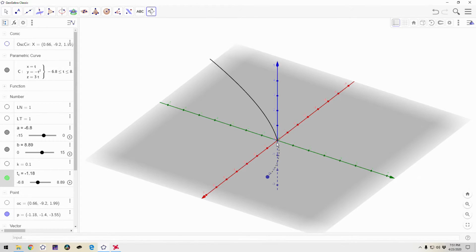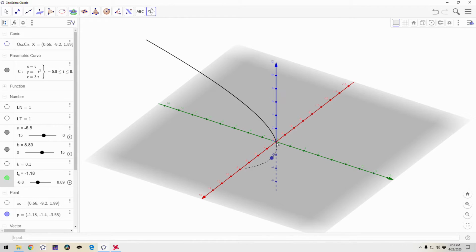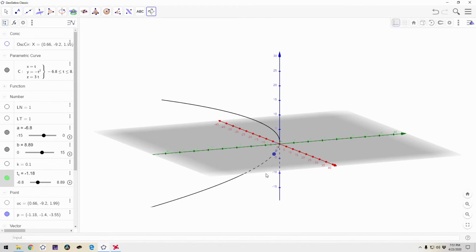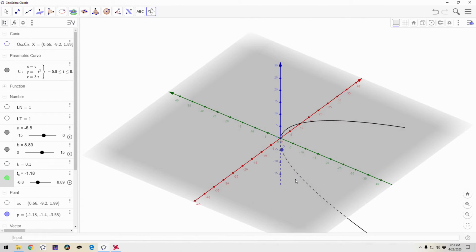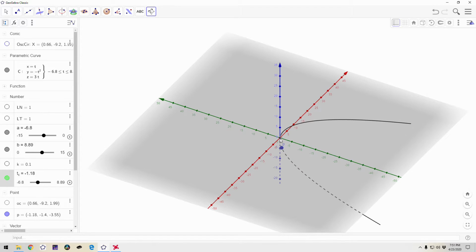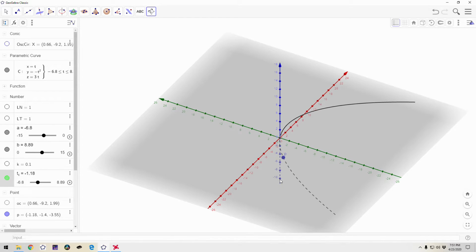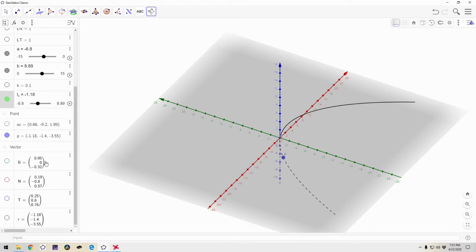Let me zoom out a good bit here so we can get a better visual on the whole parabola shape. Right, there it is. The problem with zooming out, though, is these are unit vectors that we're dealing with that I'm about to show, so you may not be able to see them if I zoom out too much. Here's the tangent vector.